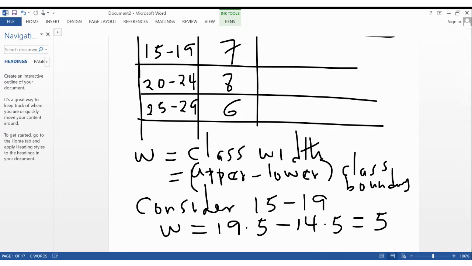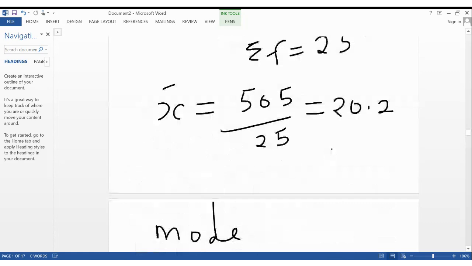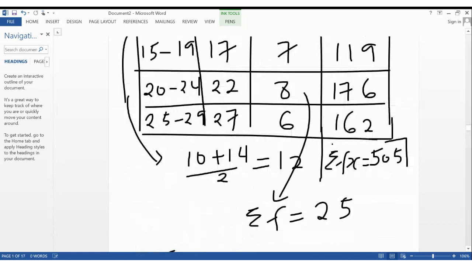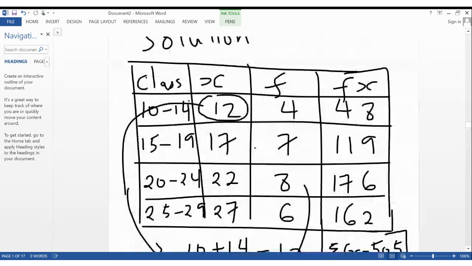Let's go back to x. I want you to answer this question. Remember our x, it was helping us to get the mean. For you to move from 12 to 17, or 17 to 22, or 22 to 27, how many steps do you add?